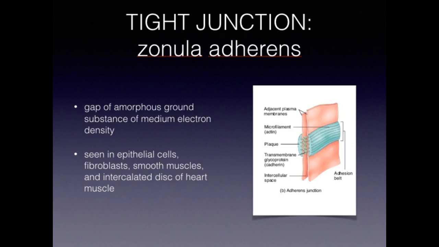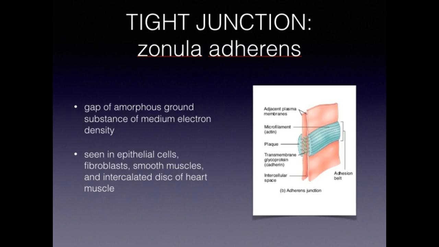Amorphous just means structureless. There are tiny little tonofilaments found embedded into the cell's cytoplasm, so inside the cell. And so these little filaments, and we talked about tonofilaments yesterday, will kind of stand on end in that area.